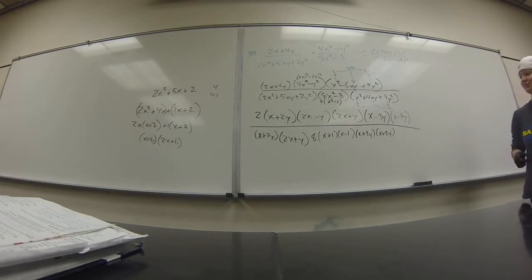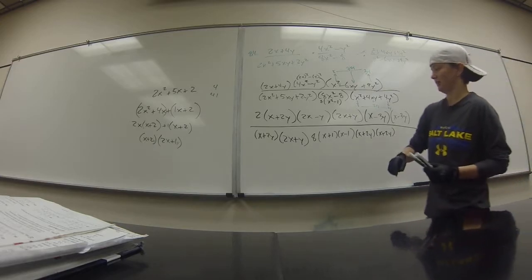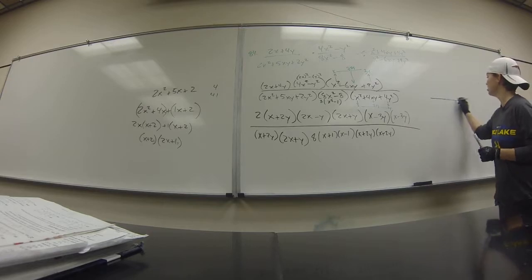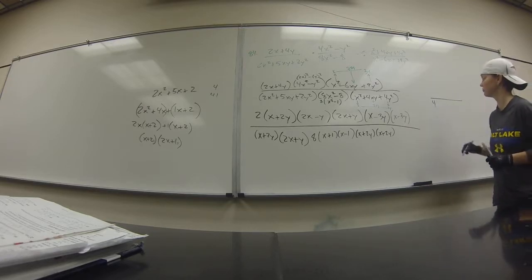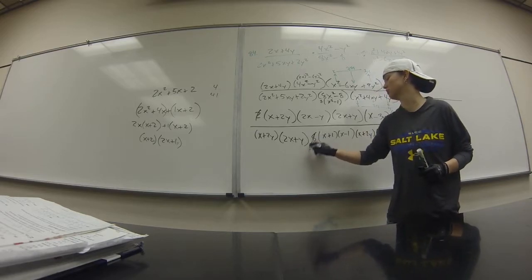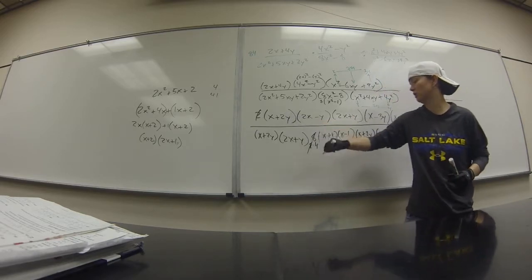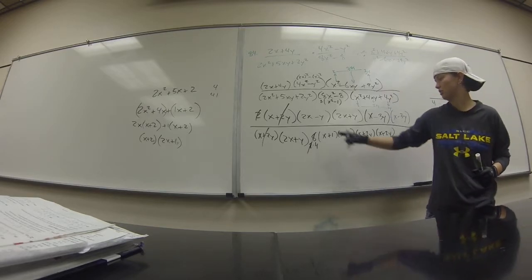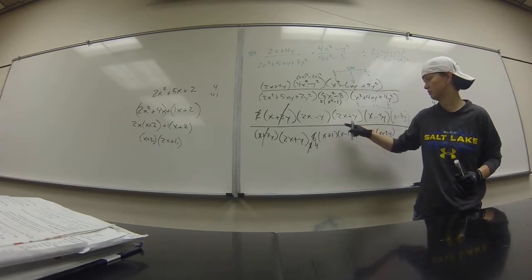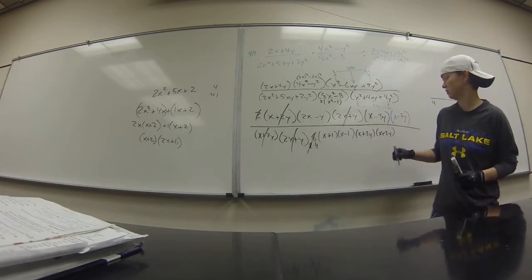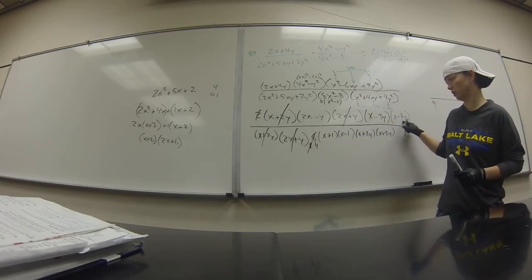Alright, we're ready to see what cancels. 2 and 8 reduce to 1/4, so on the bottom of our fraction we're going to have a 4. Then x plus 2y cancels with one of the x plus 2y factors, and 2x plus y cancels too.